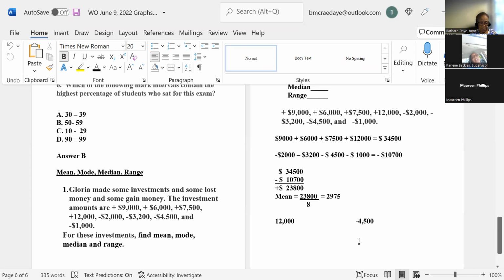Your smallest number is your -4,500. Now let's just fill in where the other numbers go. What comes after 12,000? Now you're still looking at your plus numbers. What comes after 12,000? 9,000. That's it. Very good.